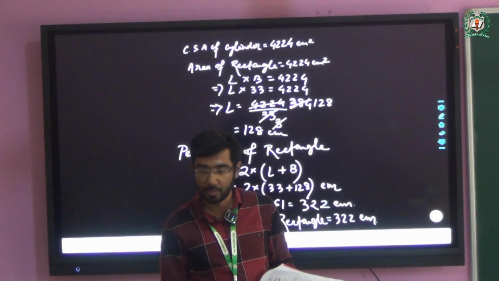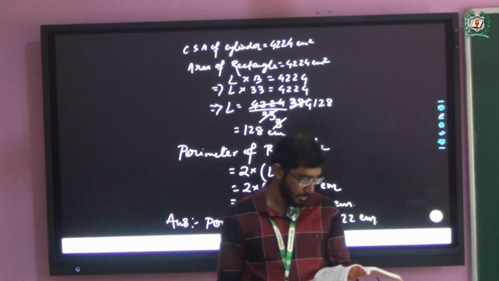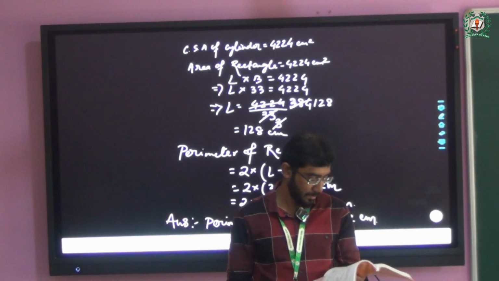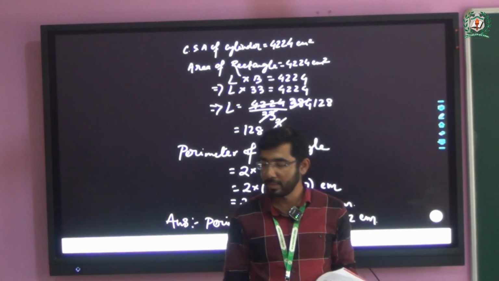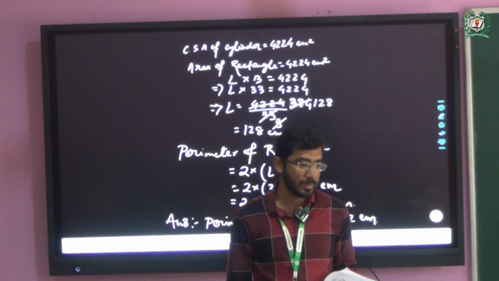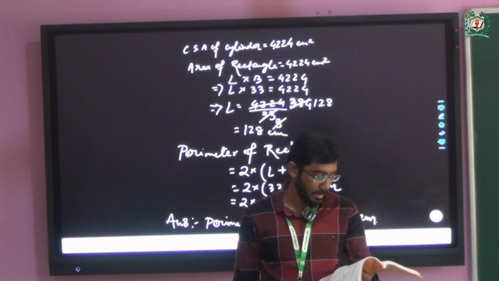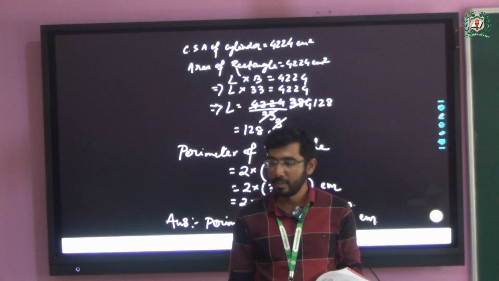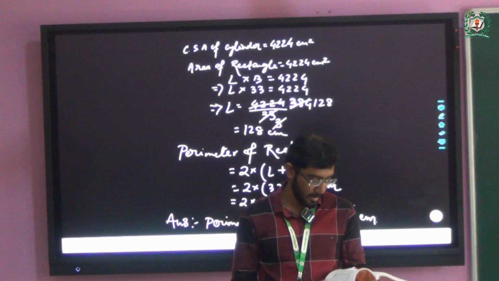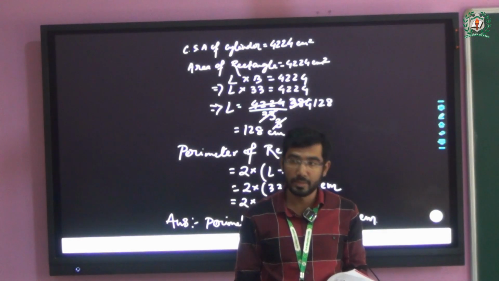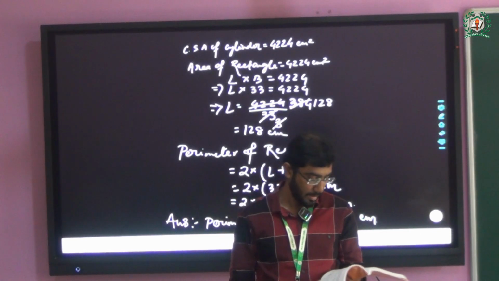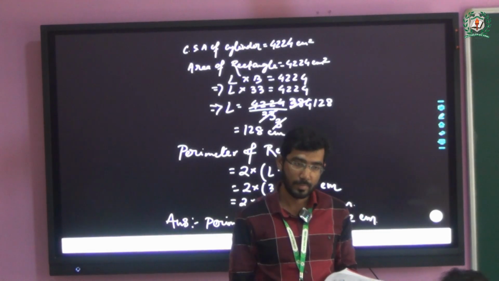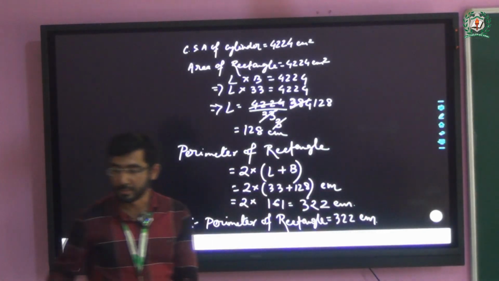Find the area of the road if the diameter of the road roller is 84 centimeter and length is 1 meter. Okay, that is the question.